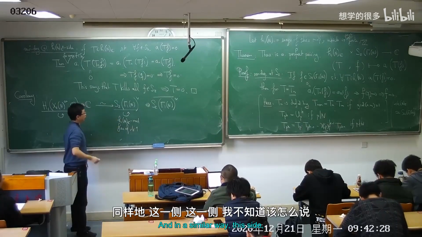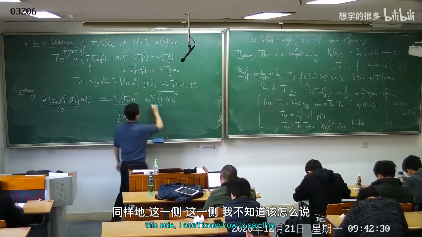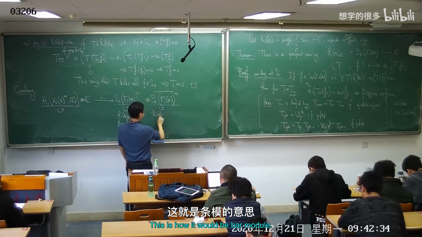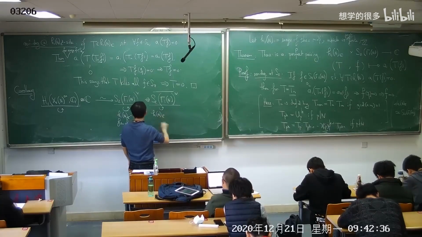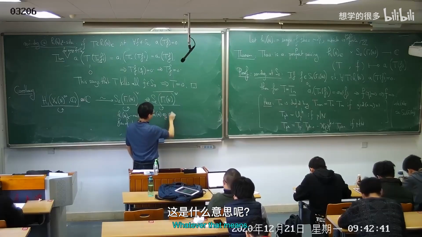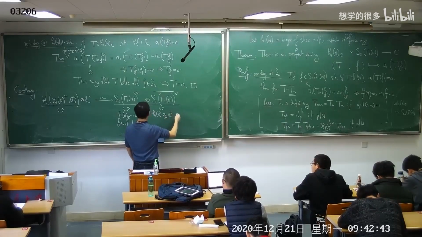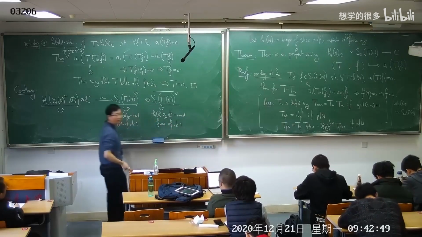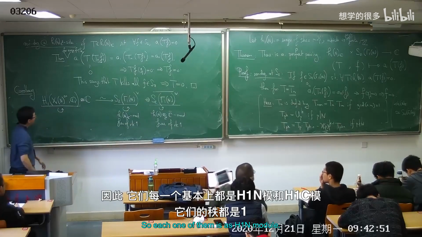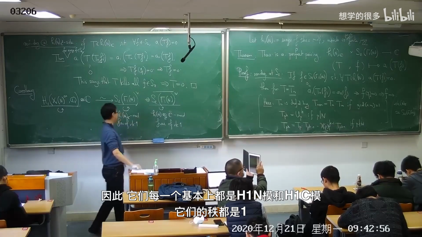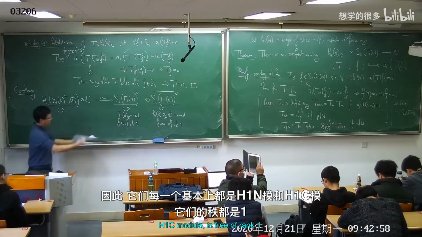And in a similar way, this side, I don't know how to say this, maybe a bar module, whatever that means. Okay. So each one of them, as an H1N module, essentially an H1C module, is free of rank 1.